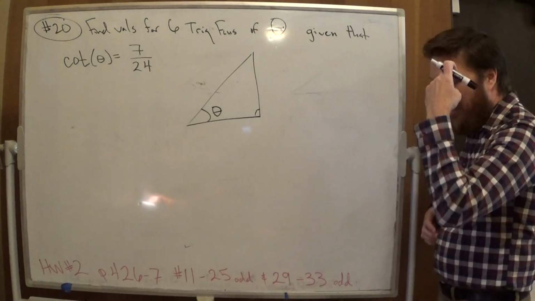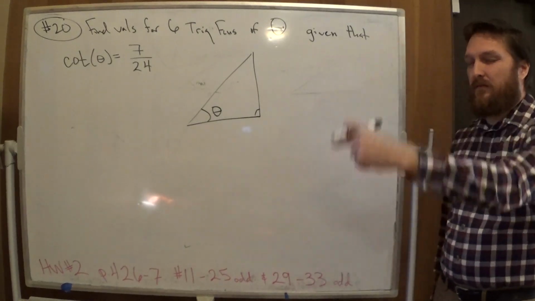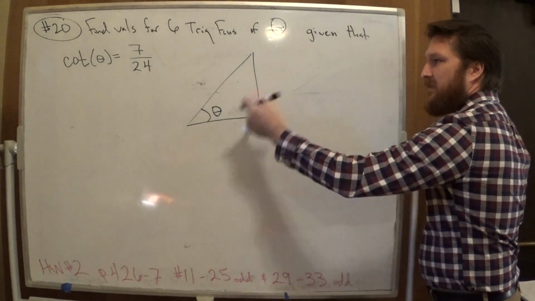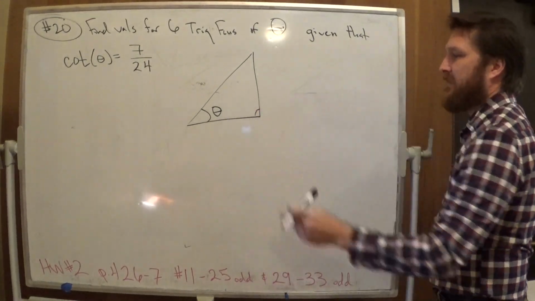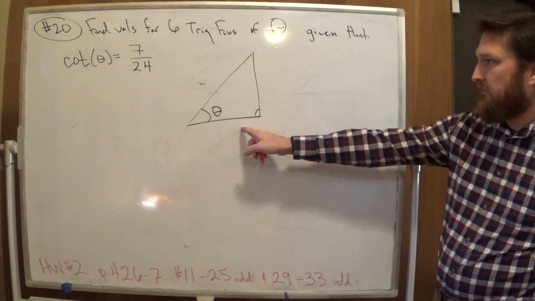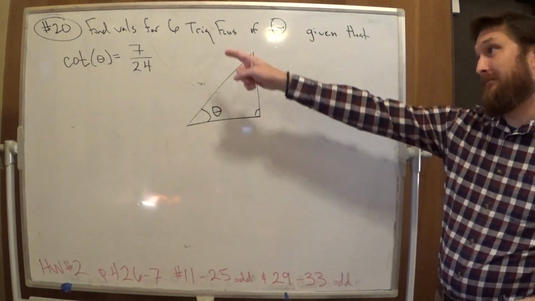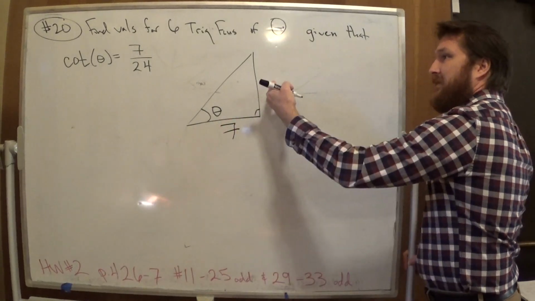The way I checked myself was, I know that tangent is opposite over adjacent, and so cotan is the reciprocal of that, so it's adjacent over opposite. And so that means that this length is what? 7. Yeah, 7. Has to be. And that means that this length is what?